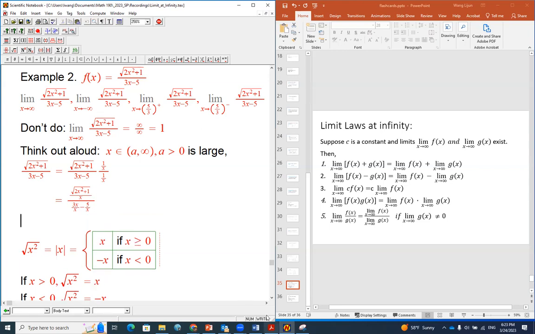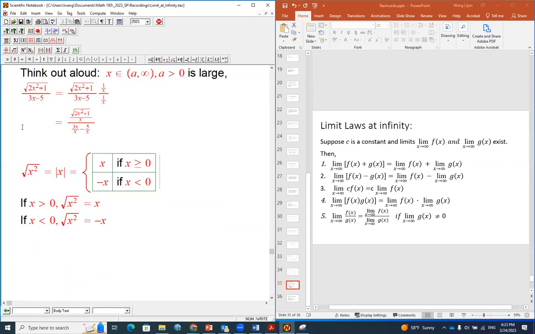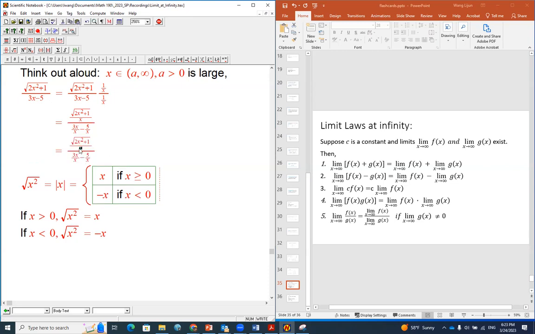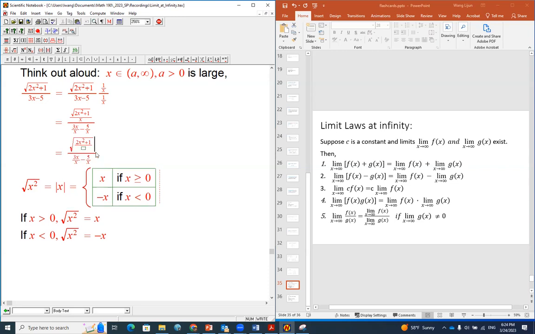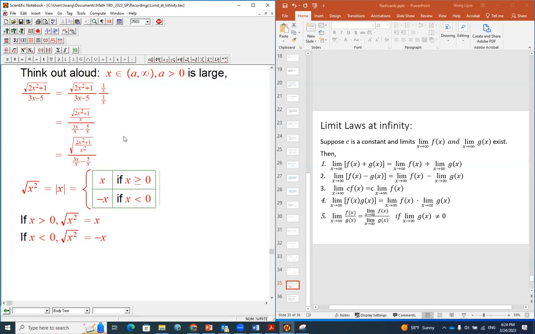So in this case, I can safely take x inside the root and it becomes the square root of x squared. Now it is inside. You see from here to there. We're going to use this part next.